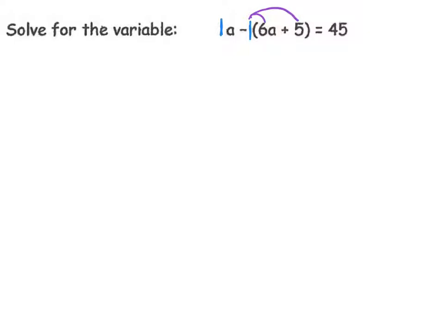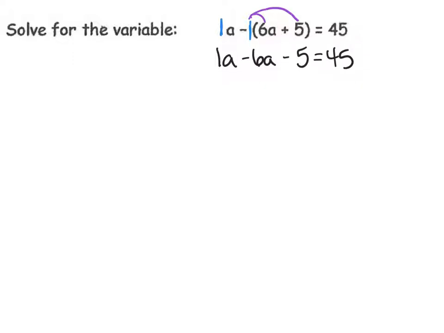Leave it. 1A stays. Let's distribute. What is -1 times 6A? -6A. What is -1 times 5? -5. Okay, good. I distributed. And then you just put equals 45.